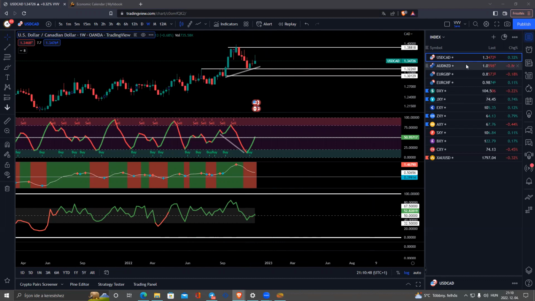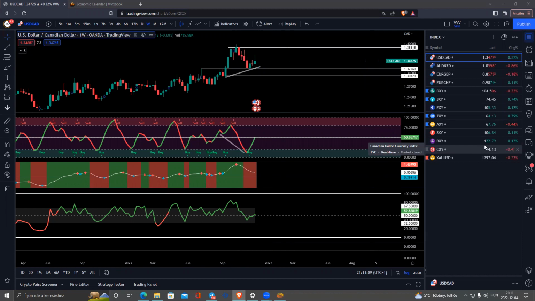So yeah, the setup is still the same. We still want to see this area to reach. The Canadian dollar got its weakness, but let's see.